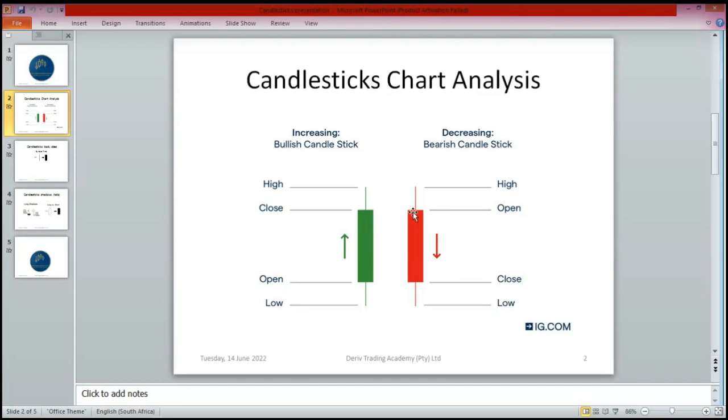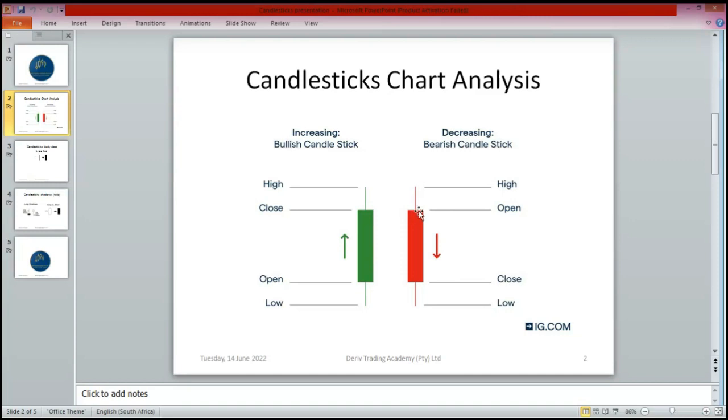The green candlestick opened here and closed there. What normally happens is that the next period opens where it closed in the previous time frame.